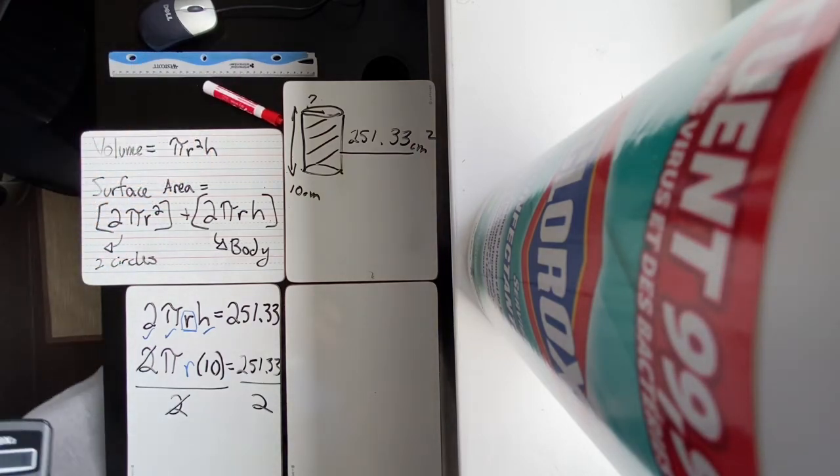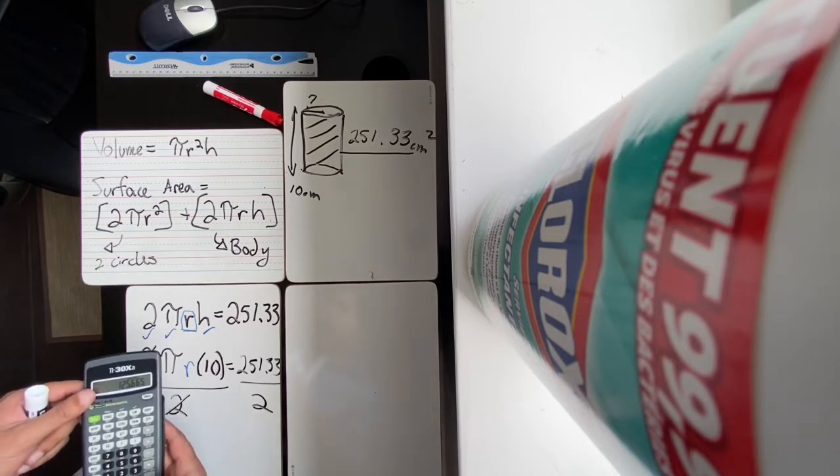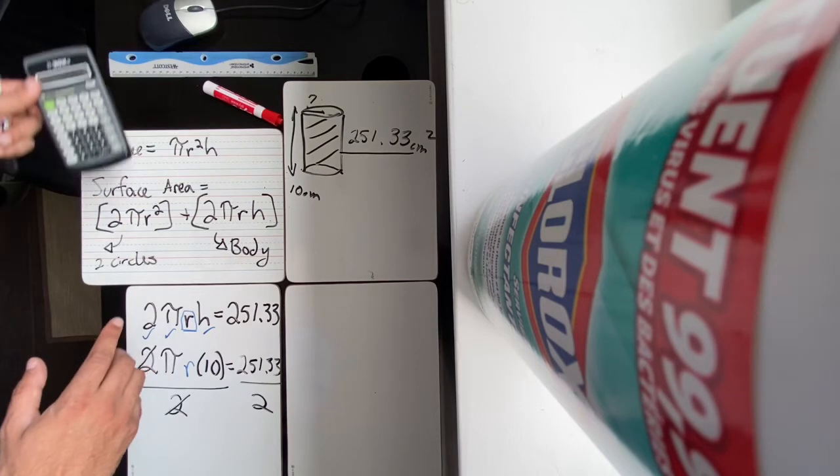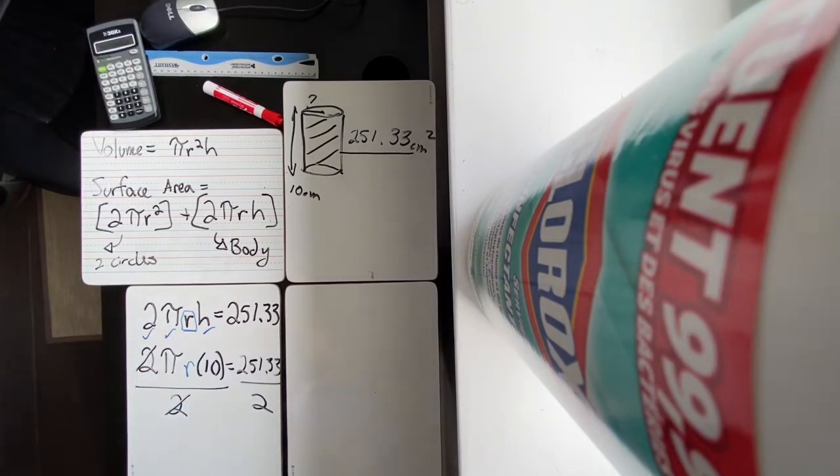251.33 divided by 2 is 125.67. So now this side is 125.67. What's left on this side over here? Everything except for the 2.